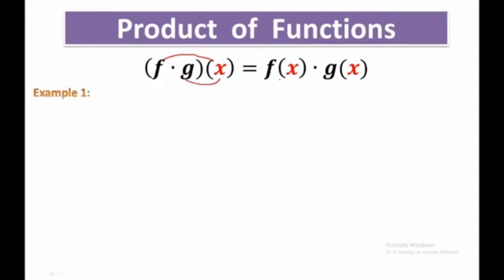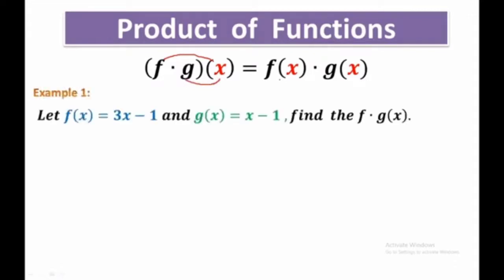Okay, example number 1 for the product of functions. Our f of x is 3x minus 1 and g of x is x minus 1. Now let us find the f times g of x, or the product of f and g functions of x.